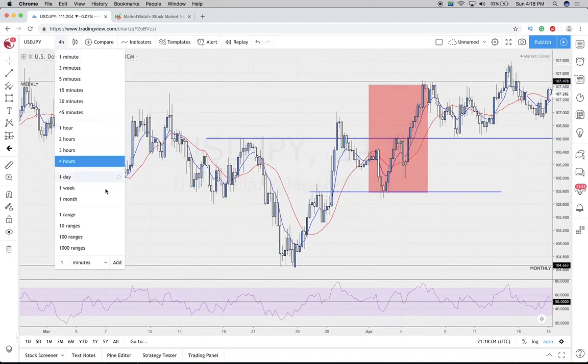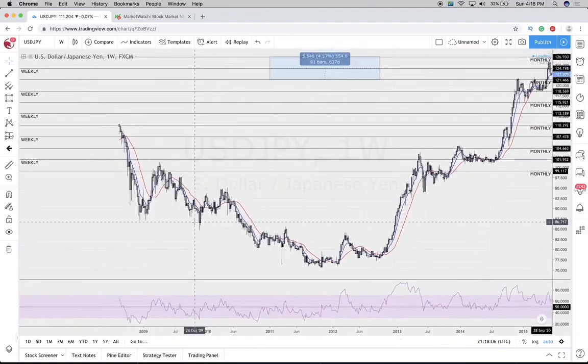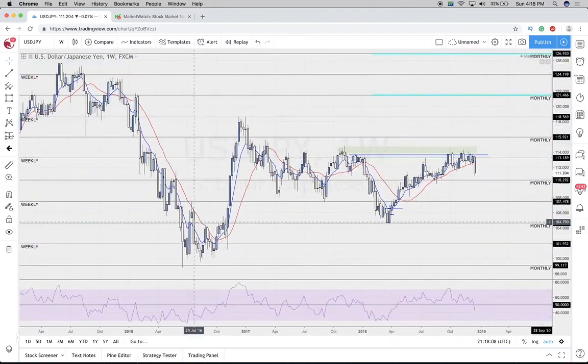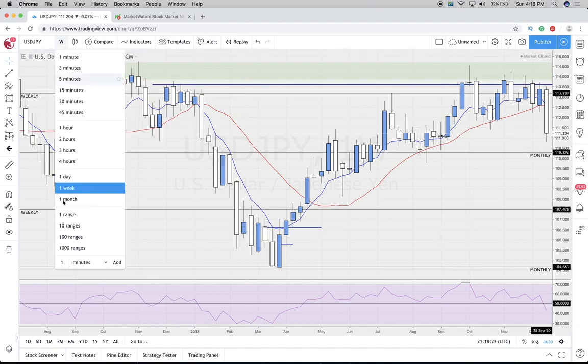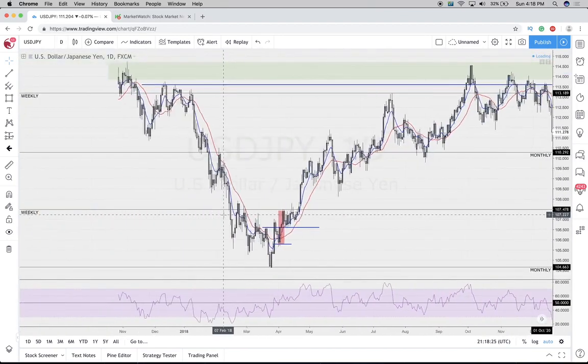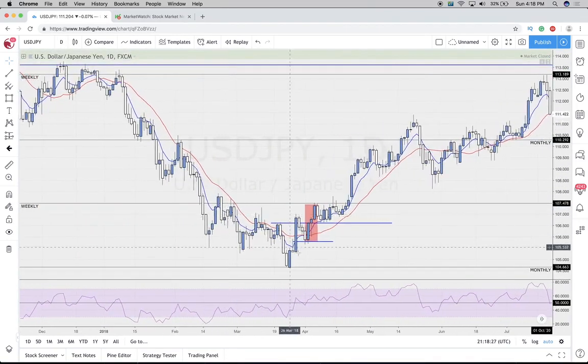So if you go on, let's say that same exact area, which was right over here, all right? The entire time period that you're analyzing all this, it was still red over blue, which showed you that a lot of the momentum in that area was still overall bearish. Okay, and even on the daily time frame, around that same exact area, you were still seeing a lot of bearish movement.